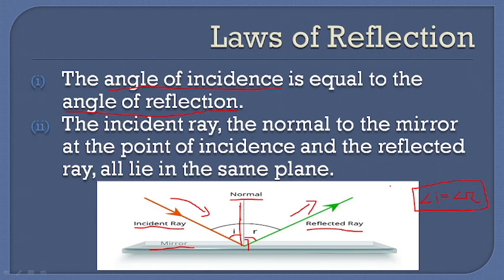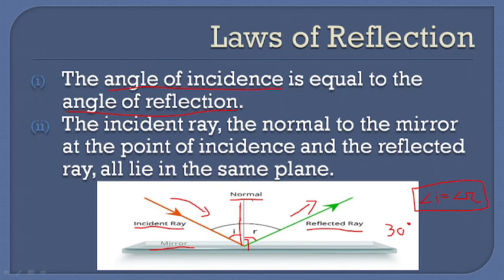What does it mean? It means that at whichever angle the light is incident on the mirror, at the same angle it will get reflected. Let us consider I as 30 degrees. The incident ray is falling at a 30 degree angle with the normal.